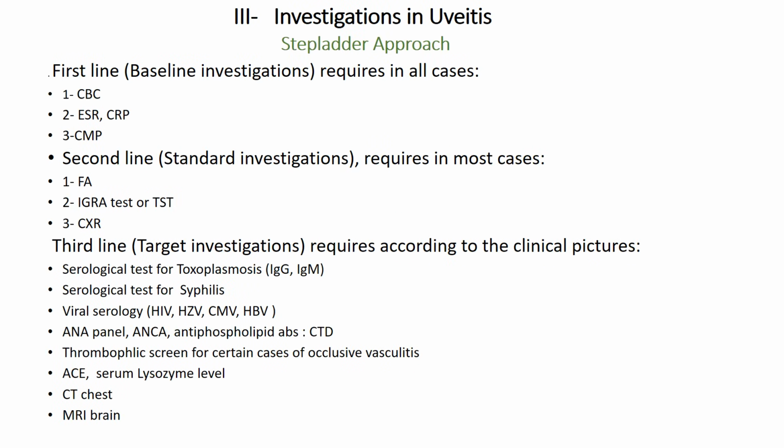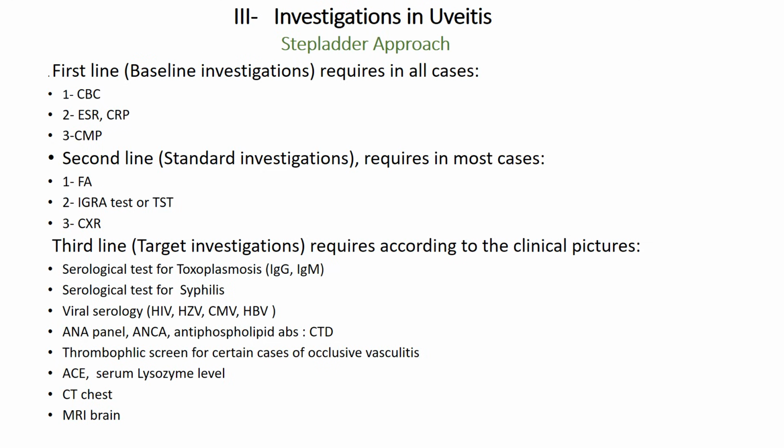The next step in diagnosing the etiology of retinal vasculitis is lab investigations according to the stepladder approach. Step 1, required in all cases, includes CBC, ESR, C-reactive protein, and comprehensive metabolic panel. Step 2, standard investigations required in most cases, includes fluorescein angiography, IGRA test, and chest X-ray.